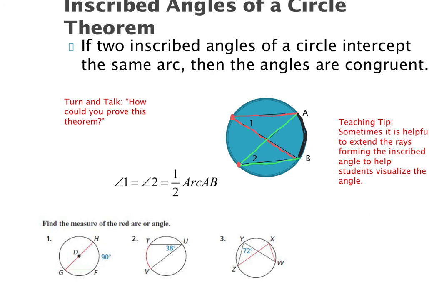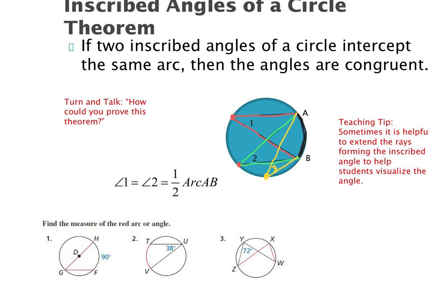Okay? We can draw a third angle. Go ahead and draw a third angle. Let's do it in yellow. Down here, and draw it to A and to B. And we'll label it angle 3. Is angle 3 also the same measure? Yeah. It is, okay?